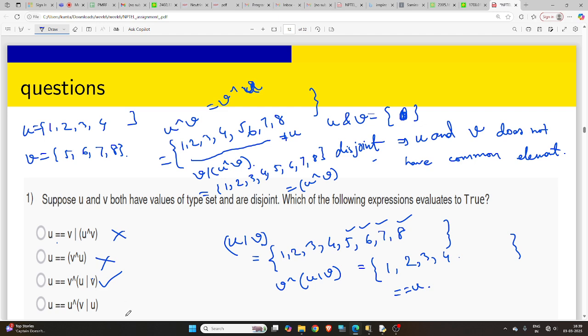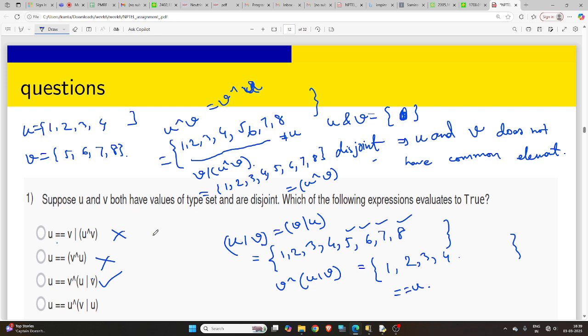So this option is correct. You can see the last option as well, and it will also not give the actual value. See, for this case U union V and V union U is exactly the same, so I can write it like that also. And U to the power V and U means all the other elements other than these common factors of 1, 2, 3, 4.